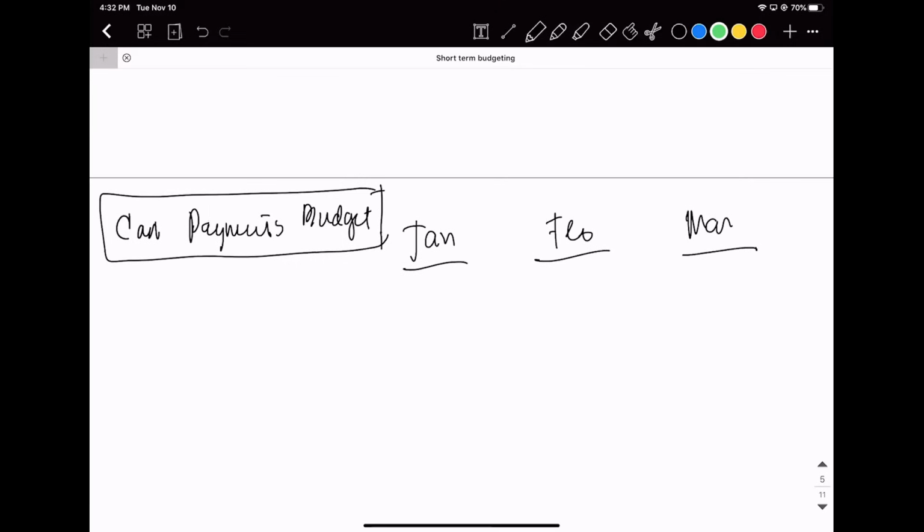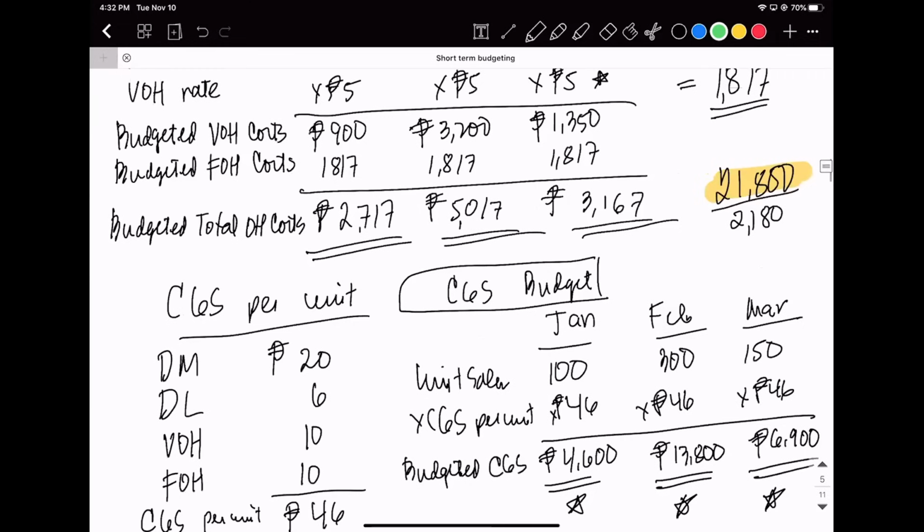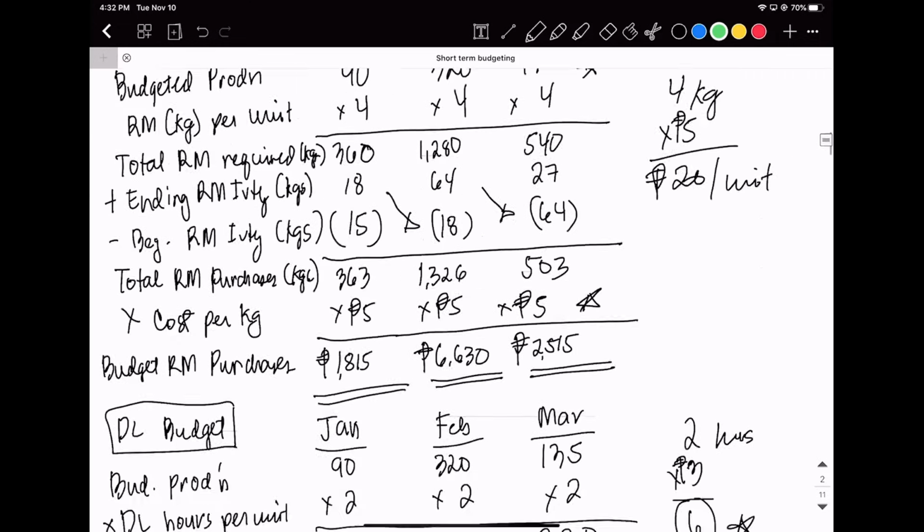So we have, ang starting point is the RM purchases. Yan. So ito muna. So ilan ba yung mga purchases natin? So balikan ko. RM purchases. Ito. Yan. So budgeted RM purchases. So this will be your basis. So domino talaga.